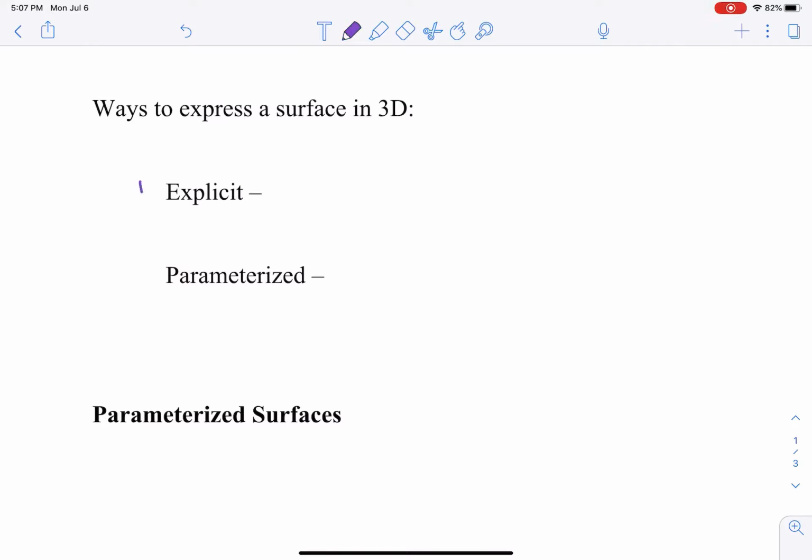And this is in the very familiar form of z equals a function of two variables, like x and y. For example, it could be something like z equals x plus 2y. That's an example of an explicit surface because it's a function that's explicitly solved for the dependent variable. In this case, z is explicitly solved for.